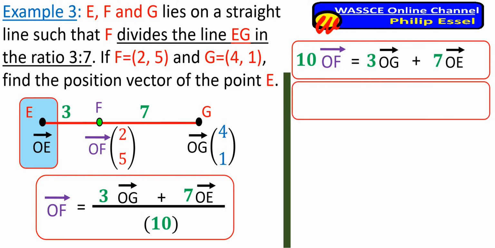Since we are looking for the vector OE, what it means is that we have to make the position vector OE the subject by moving the whole of the 3 times the vector OG to the left side of the equation. When we do this, we would get 10 multiplied by the vector OF minus 3 vector OG.